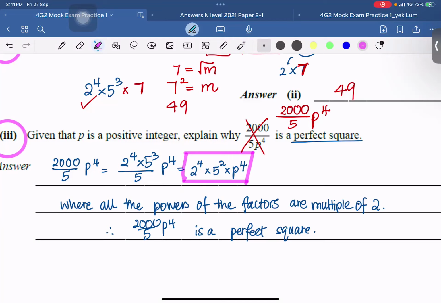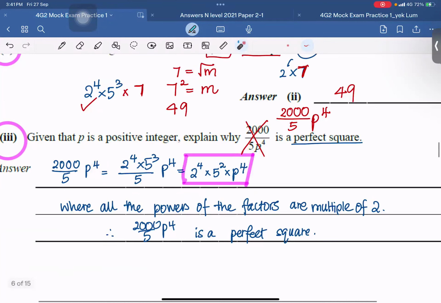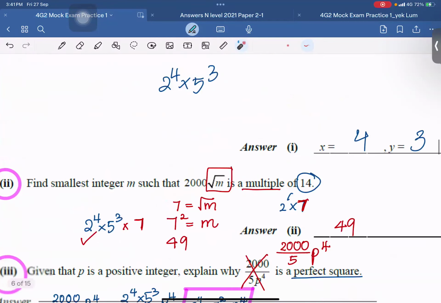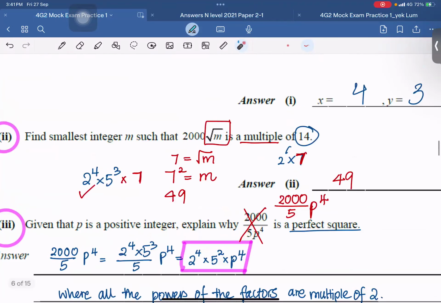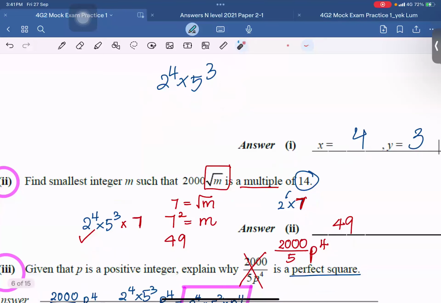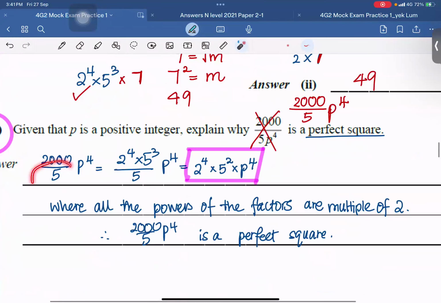Okay? Those of you who need me to explain again, let me know. Is it okay? If it's okay, you give me a signal. Okay, I explain again like that. Take the 2,000, the original prime factors are 2 to the power 4 times 5 cubed. Analyze what happens when I divide by 5.